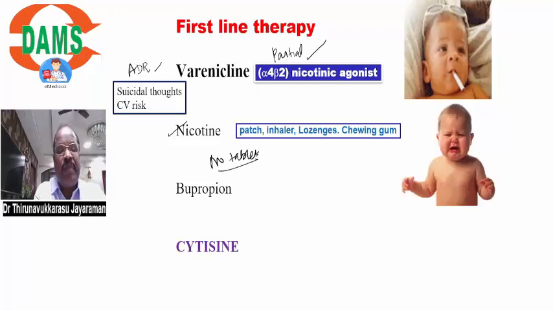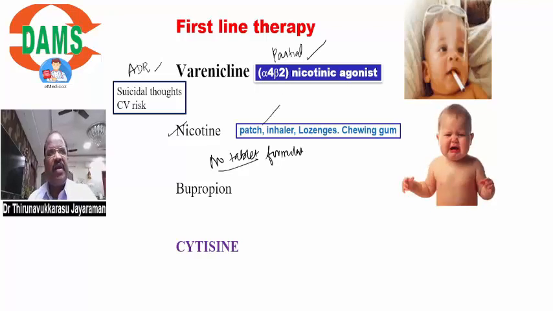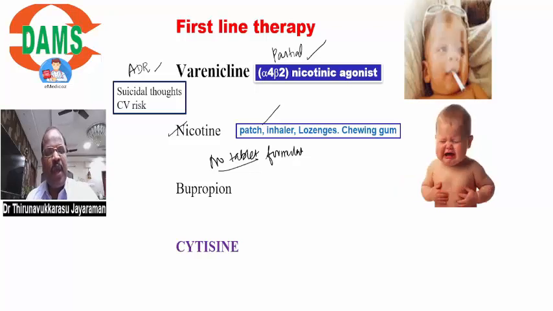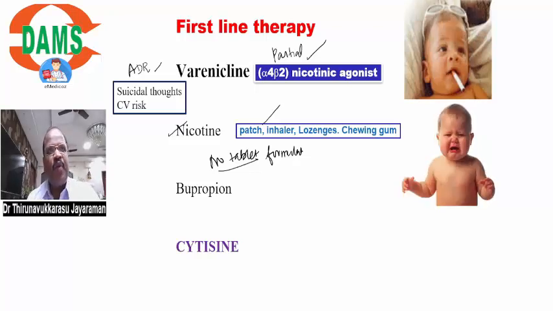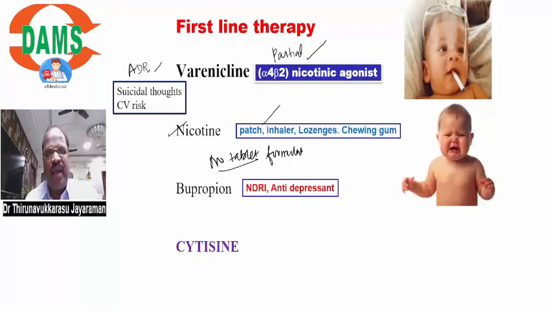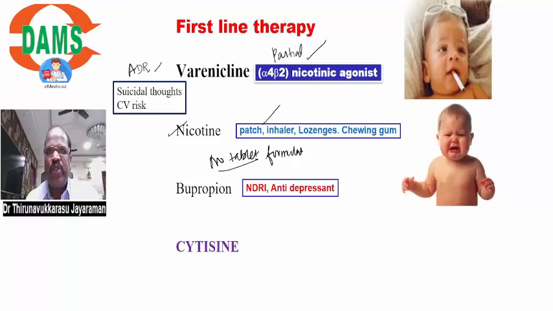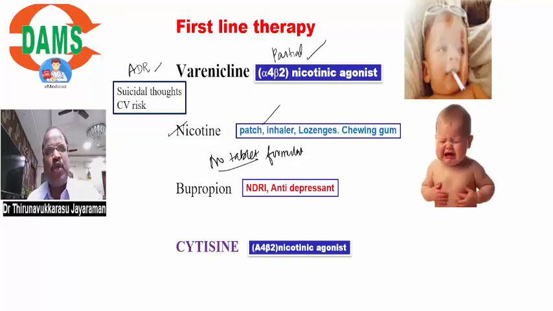It is available only as patch, inhaler, lozenge or chewing gum. Bupropion, again important, is an antidepressant that comes under the NDRI category, norepinephrine dopamine reuptake inhibitor. This is also useful to control smoking. Cytisine, again a partial alpha 4 beta 2 nicotinic agonist, is useful to control smoking.